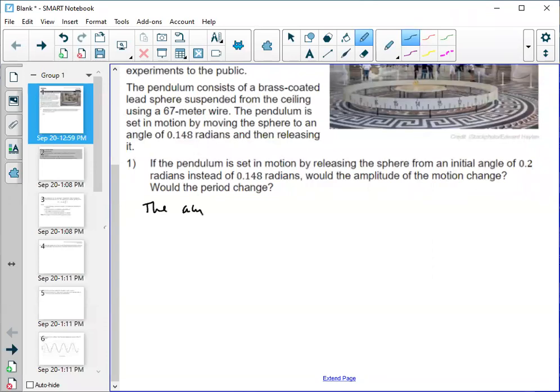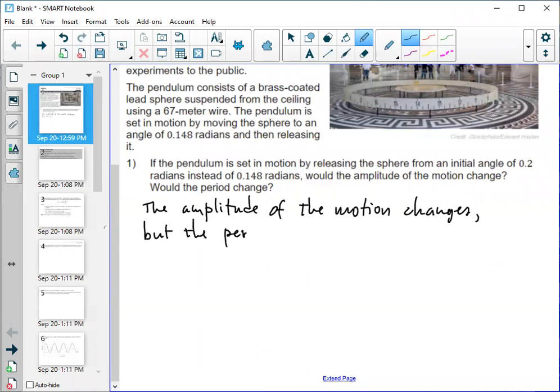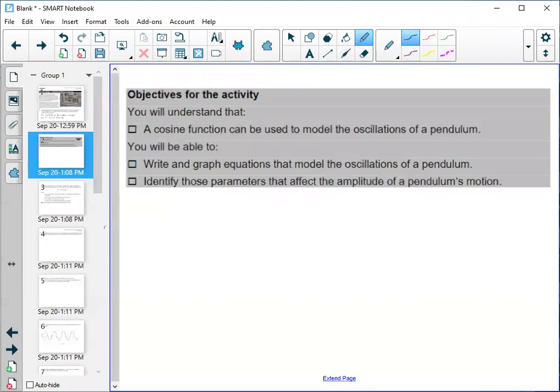The amplitude of the motion changes. But the period does not. Let's go on to the next page.